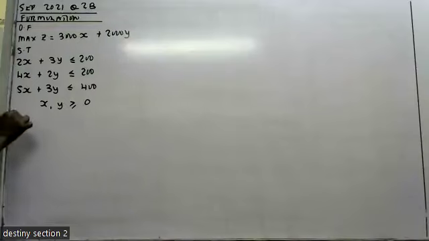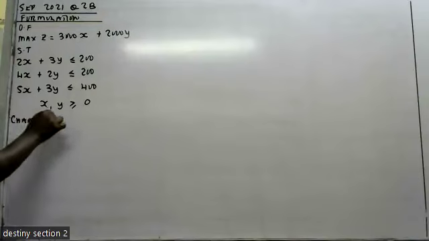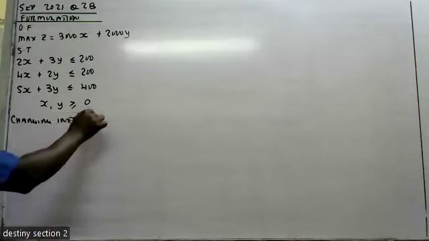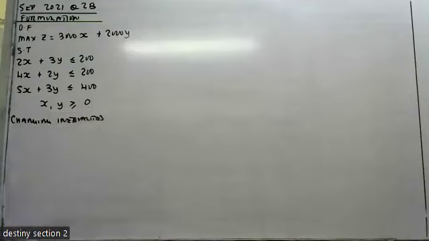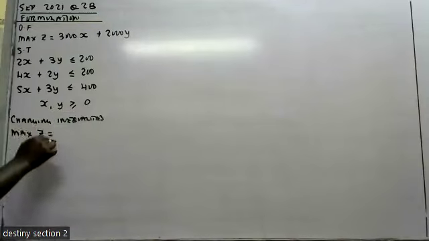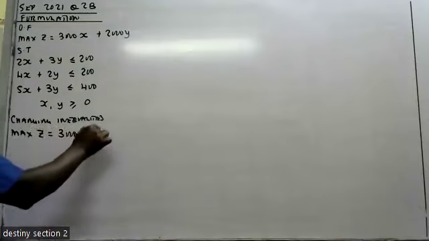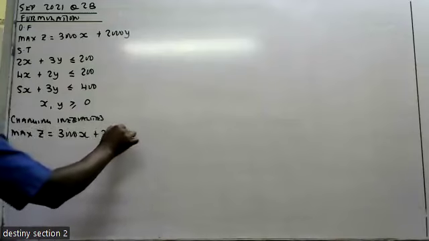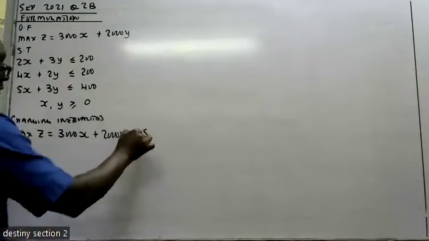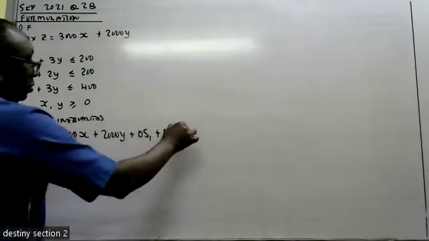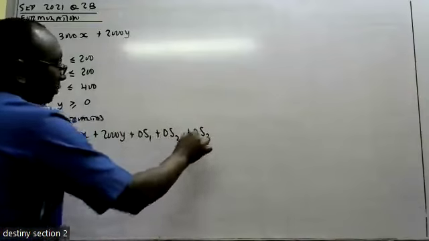Changing inequality, the second step. Changing inequalities. So if you have said that, then you tell me maximize Z is equal to 3000x plus 2000y plus 0S1 plus 0S2 plus 0S3.